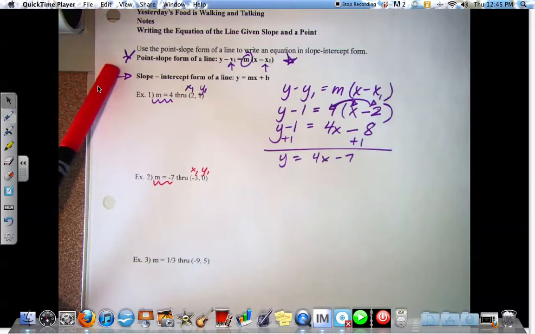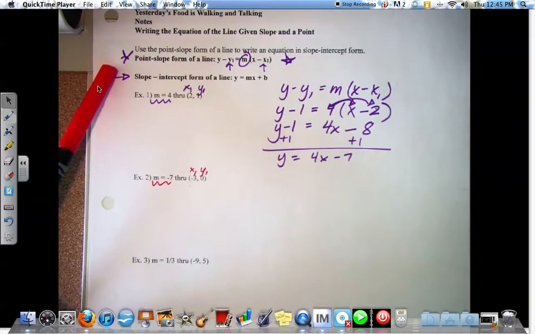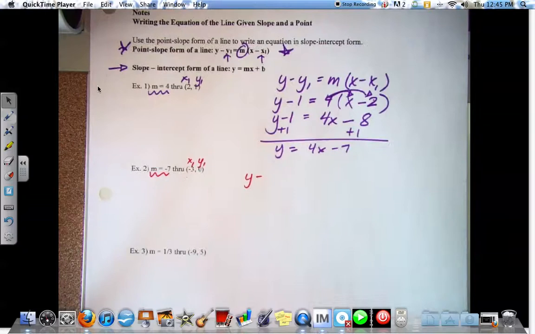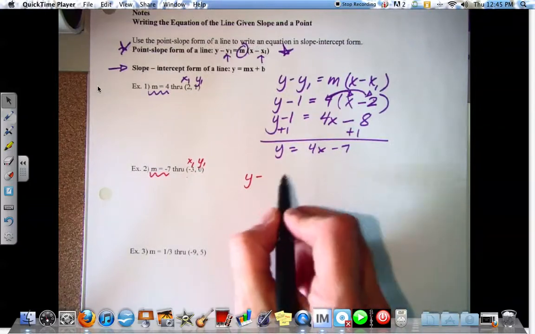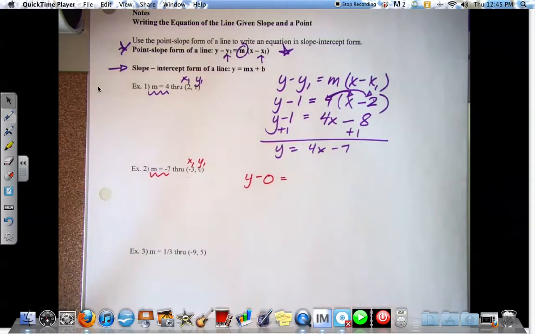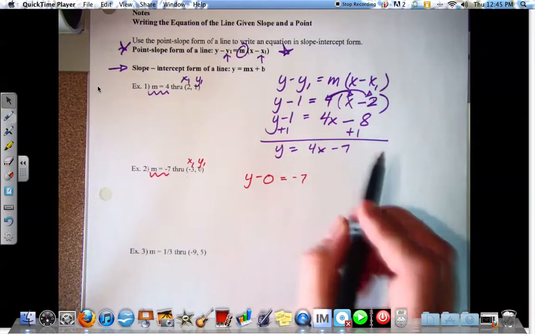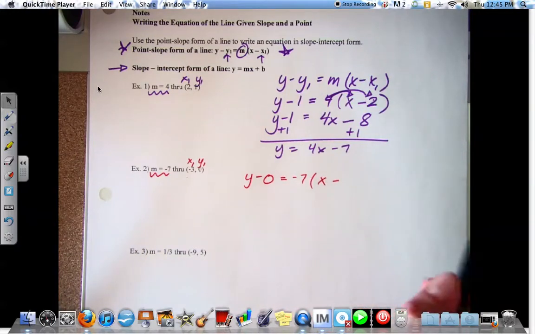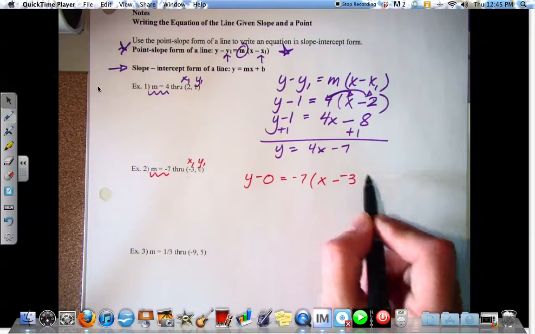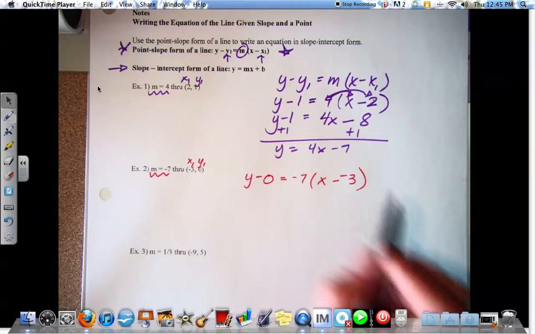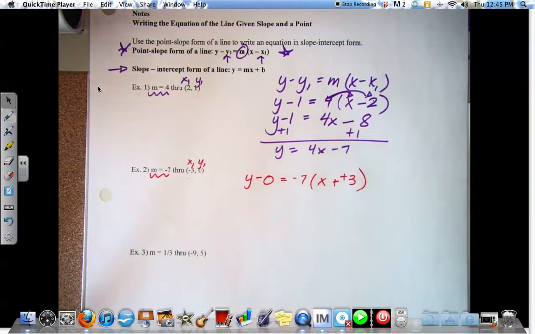So let's take the point-slope form and fill in what we're given. Y minus, our y1 value is equal to what? 0. Equals -7 times x minus -3. We have, yes, it would, because we have 2 negatives.